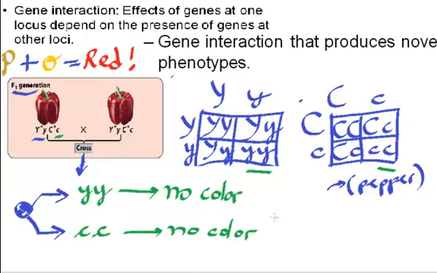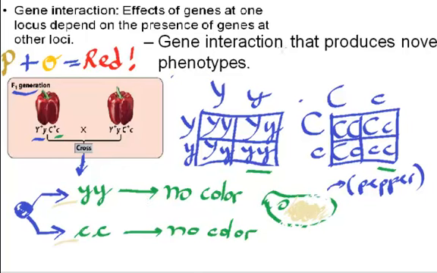So if we imagine here our little painter's palette, you get no color, or as they represent, cream color, when you do not have any of these pigments.